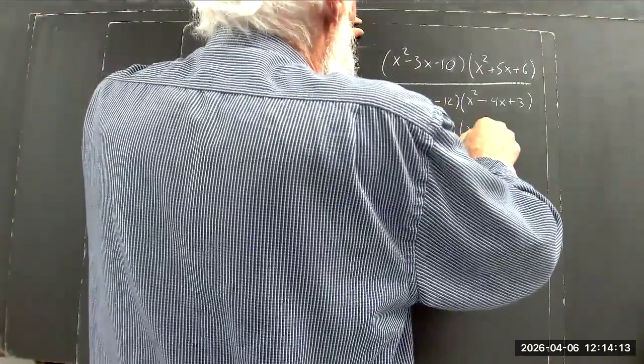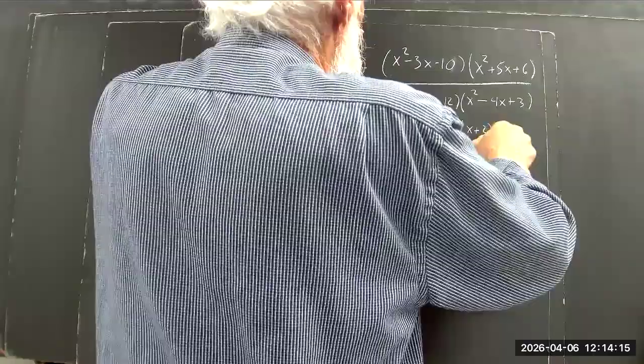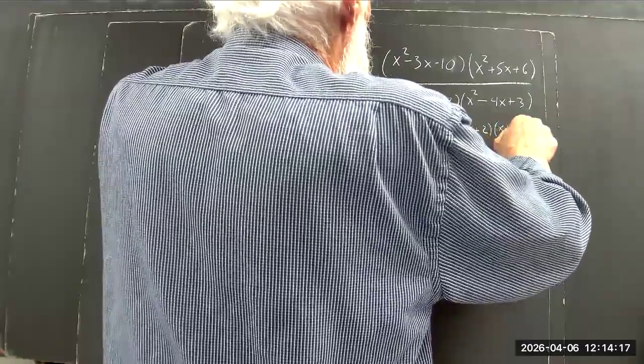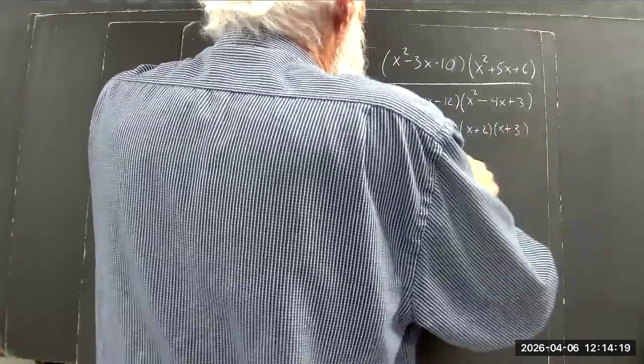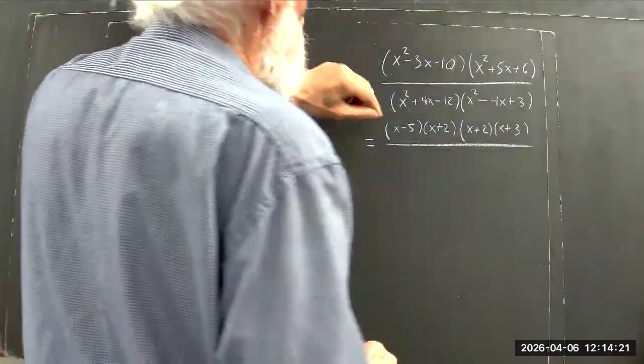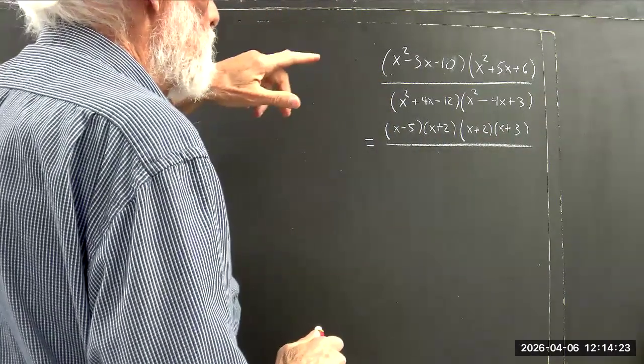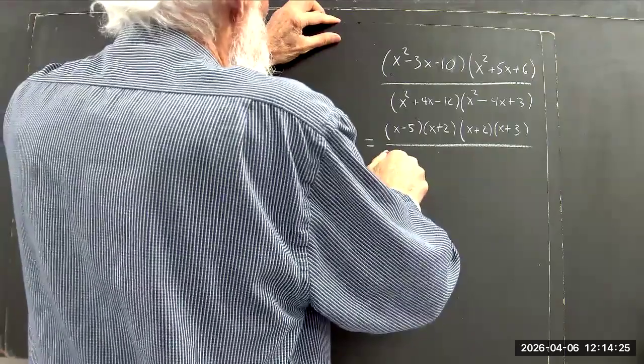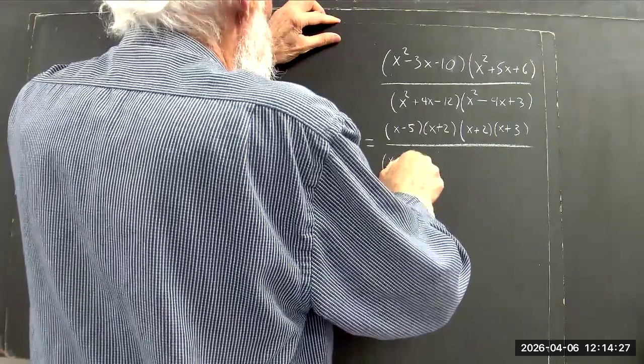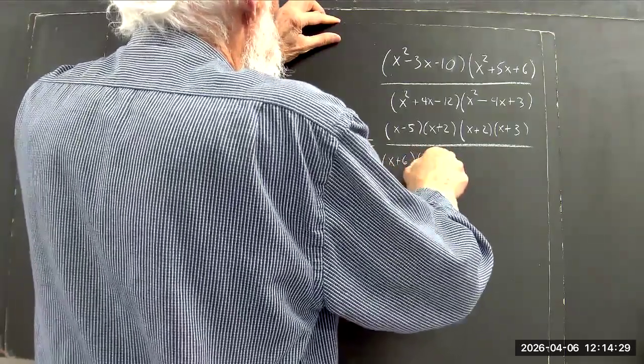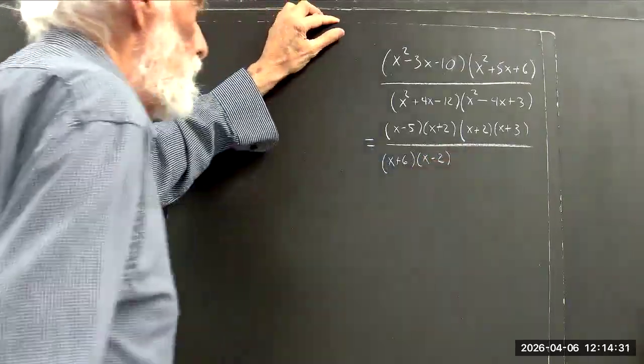X squared plus 5x plus 6, you can easily verify, is x plus 2 times x plus 3. In the denominator, x squared plus 4x minus 12, I believe factors as x plus 6 times x minus 2.